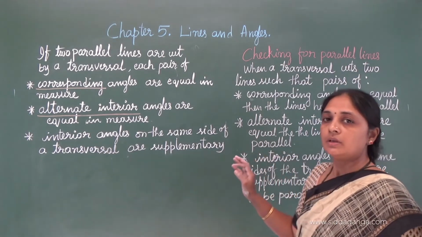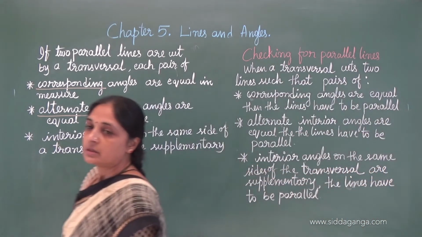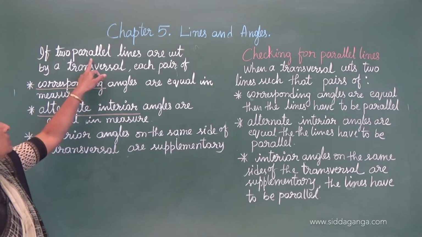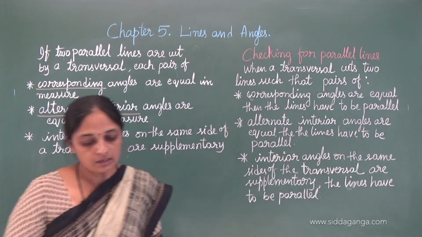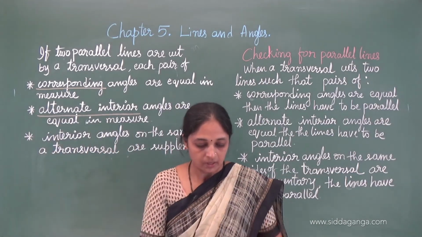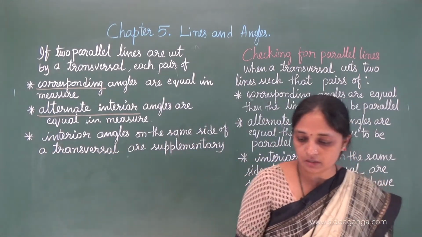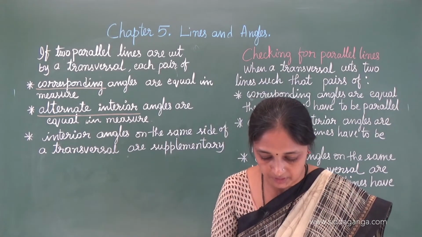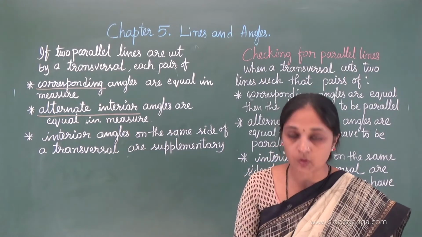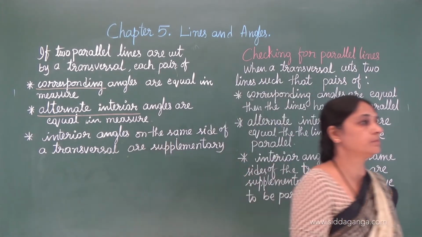Both look the same, but they give different meaning. Here a transversal cuts a line, and here we are checking for parallel lines. Go through this. So we try some examples which are given in the text. Okay, so go through this.